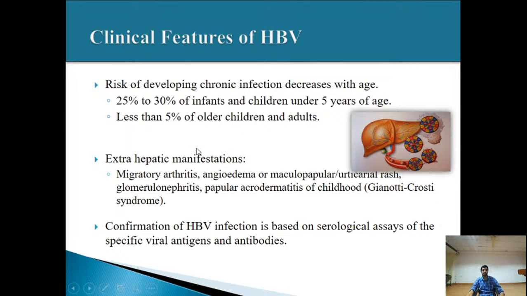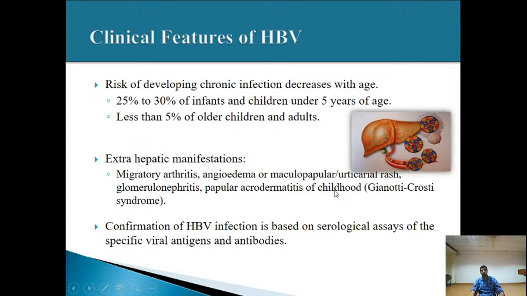The clinical manifestations, like I have said, fever, anorexia, nausea, the viral prodrome followed by jaundice. And there are extrahepatic manifestations also. That is migratory arthritis, angioedema, maculopapular urticarial rash, glomerulonephritis, and papular acrodermatitis. All these are immune complex diseases.